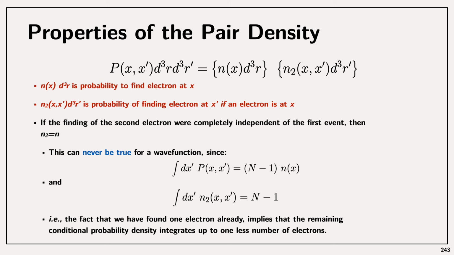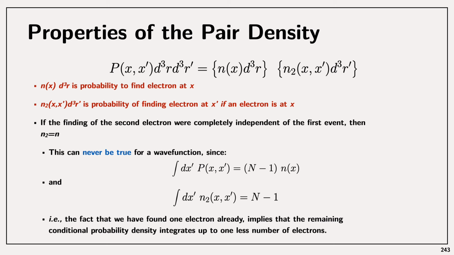Now, as a result, if I apply that integral to the equation at the top of the slide, we directly know that the integral of n2 of x prime has to be n minus 1. It has to be n minus 1.